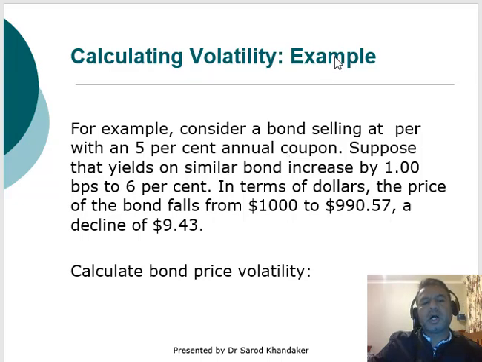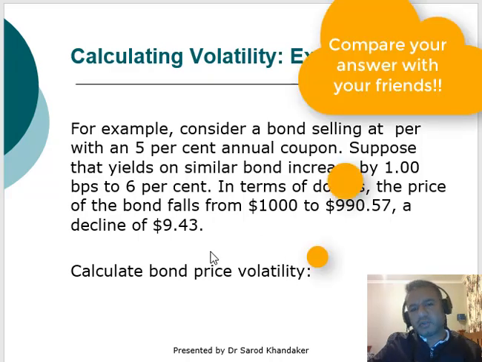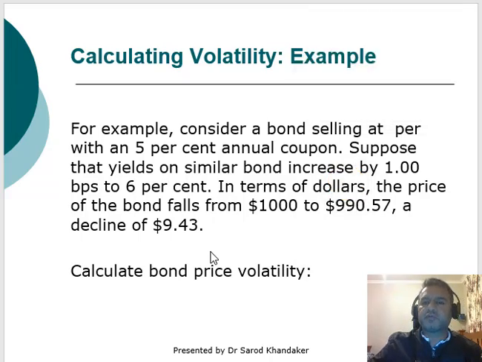So how are we going to calculate the volatility of the bond? What you need to do is simply follow the formula, plug this information into the formula and calculate the bond price volatility. This is the task for you.